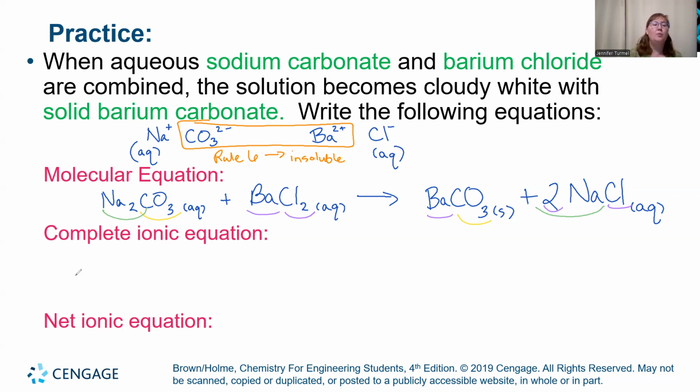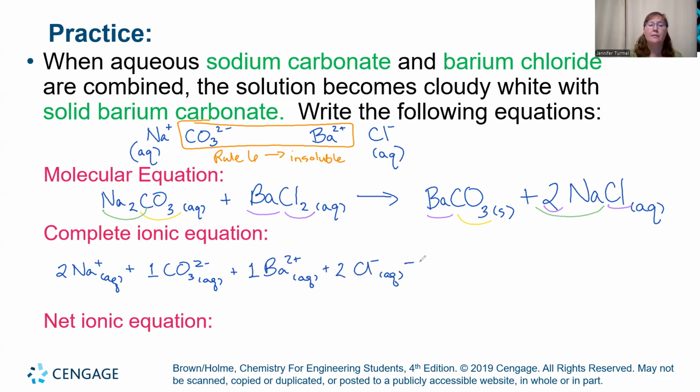Now we come here and write our complete ionic equation. I have 2 sodium ions, 1 carbonate ion, 1 barium ion, and 2 chloride ions.